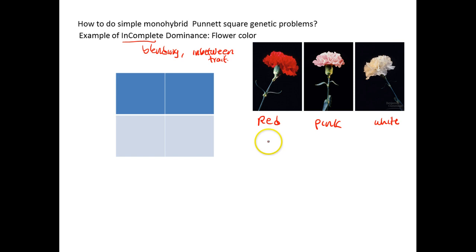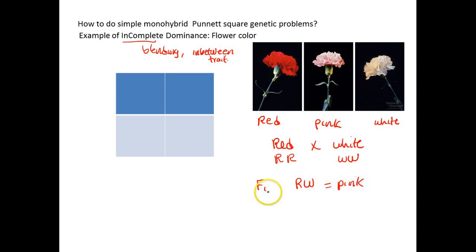If we mated a red flower with a white flower, if it's purebred, let's represent red as big R, and white as big W, then all the F1 generation is going to be hybrid, and that's all pink.